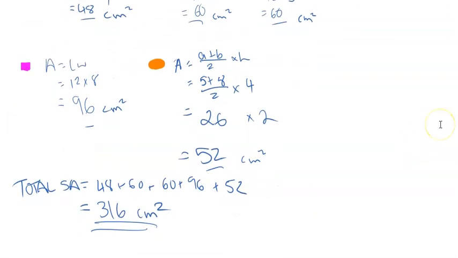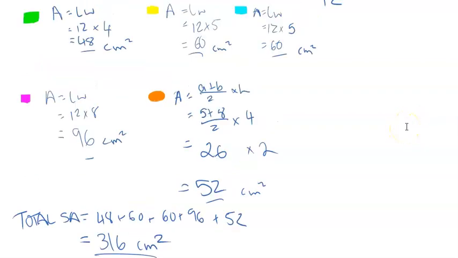Then my final task is, of course, I need to add everything together. So I take all of those measurements and I add them all together. This is very important because that is your final answer. This level of working, there's so many steps, it's so easy to miss something out or get it wrong, not be able to check it later.